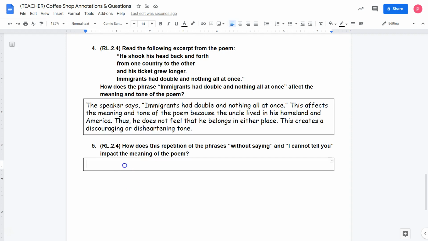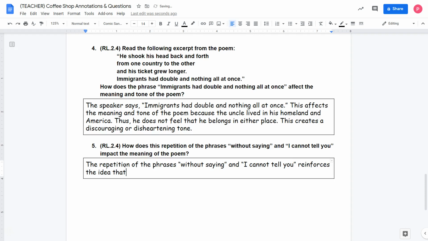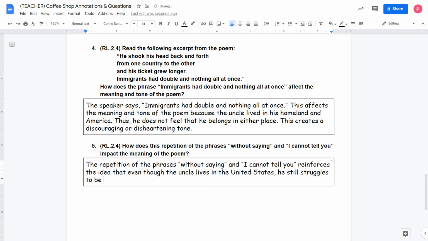So we're going to put, because we need textual evidence, the repetition of the phrases "without saying" and "I cannot tell you" reinforces the idea that even though the uncle lives in the United States, he still struggles to be able to express himself fully.